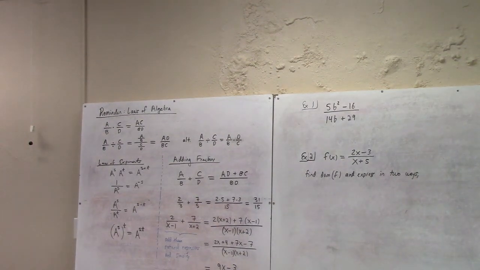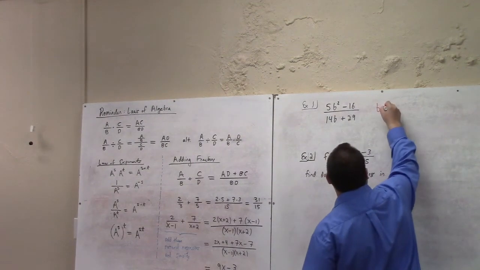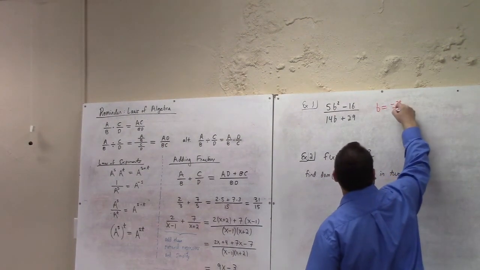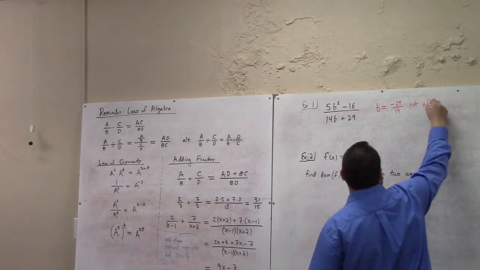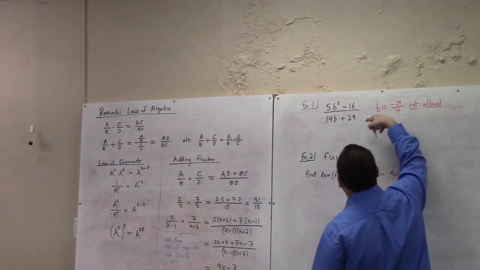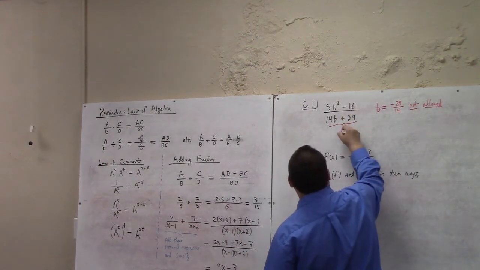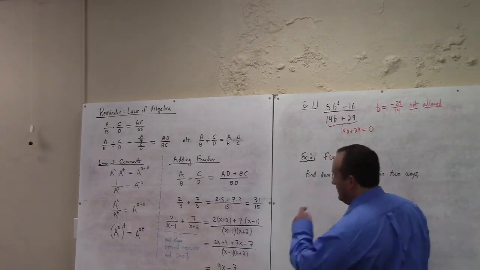And so b equals negative 29 over 14 is not allowed, right? Why? How did you find that? You found that from saying 14b plus 29 equals 0, right? That's the bad case.